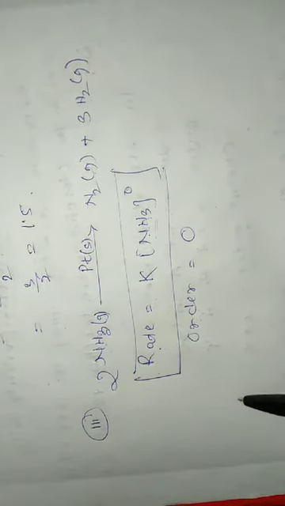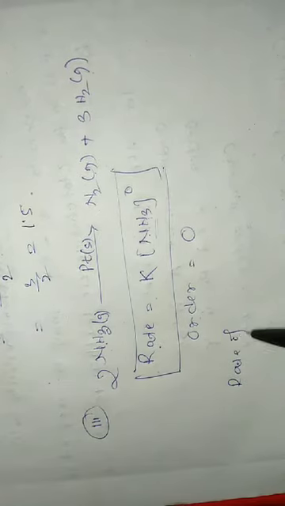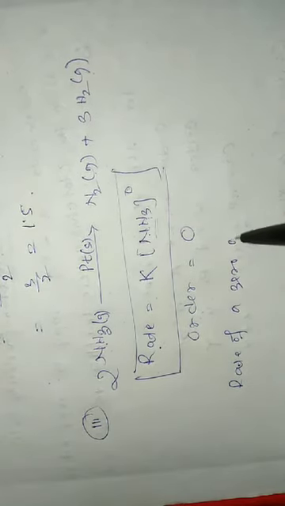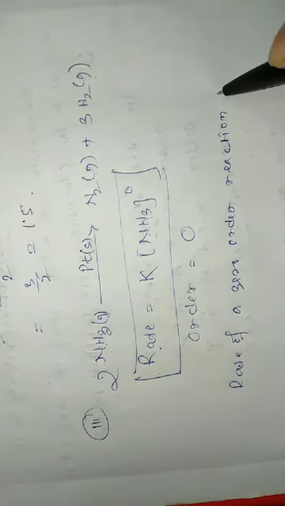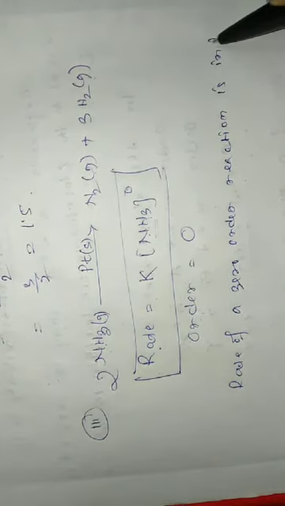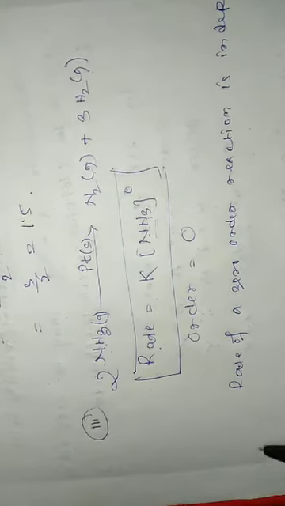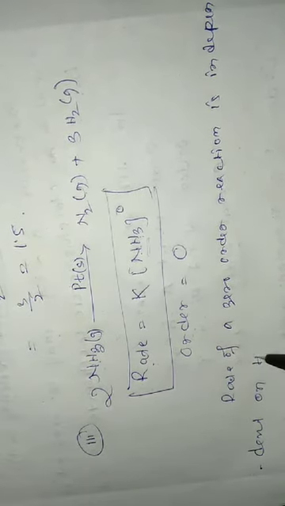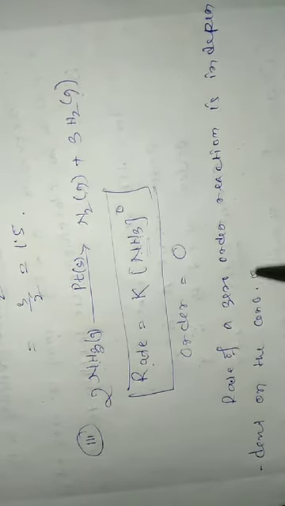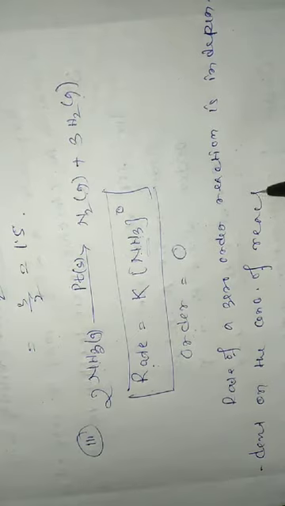So what is a zero order reaction? The rate of a zero order reaction is independent of the concentration of reactant. The rate of any zero order reaction does not depend on the concentration of reactant.